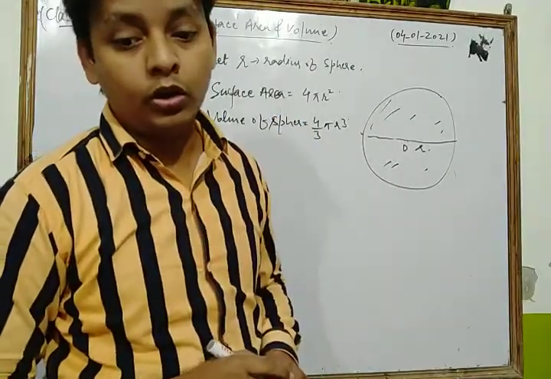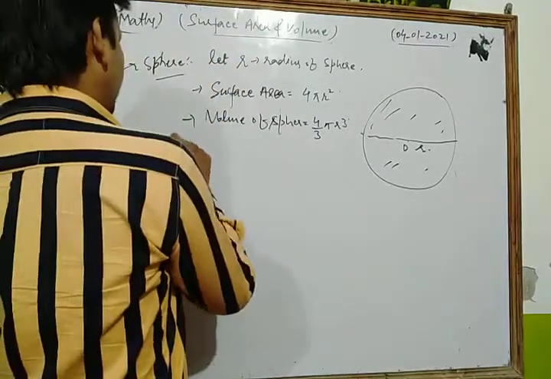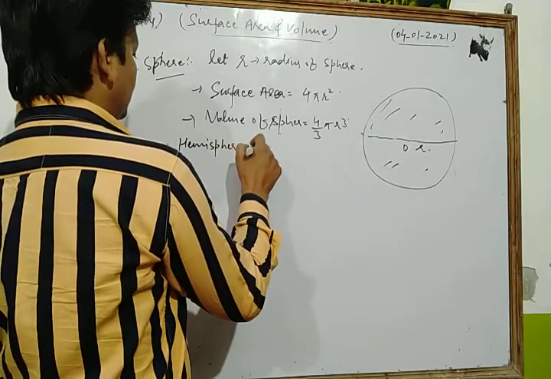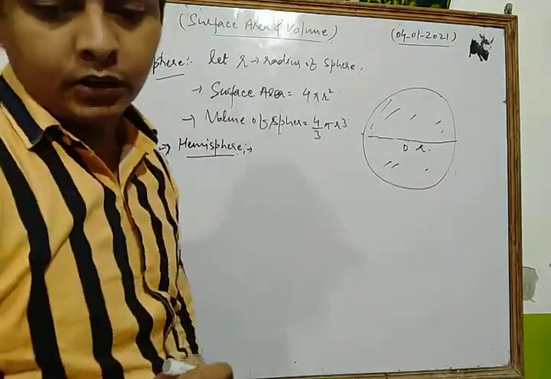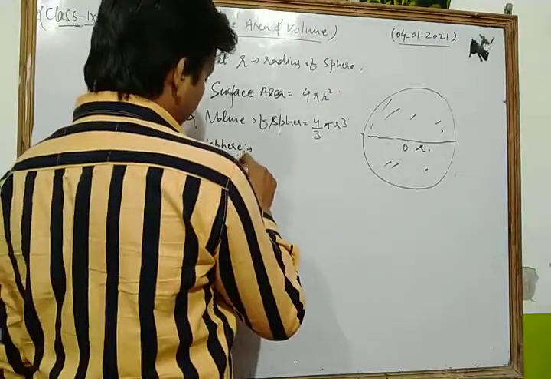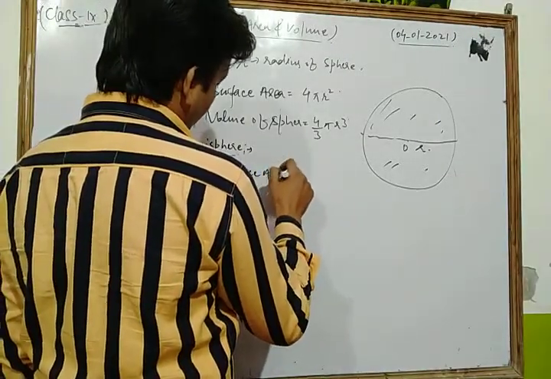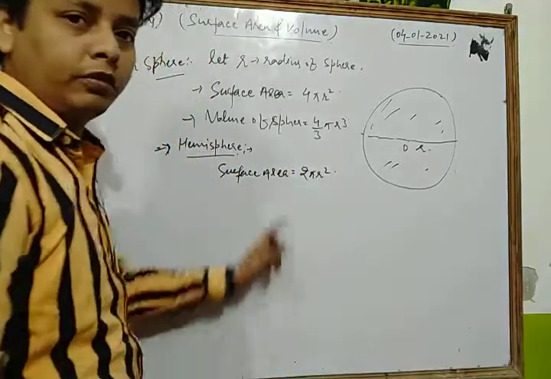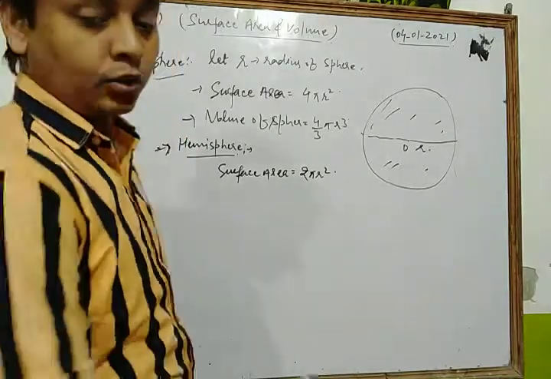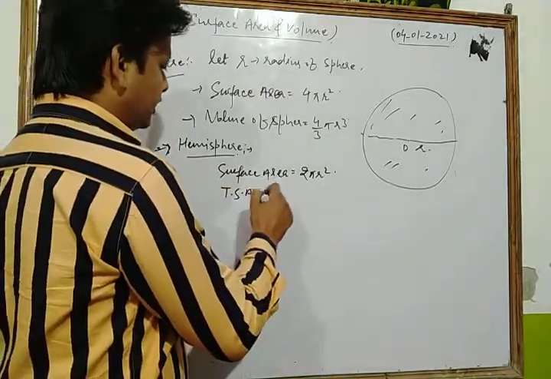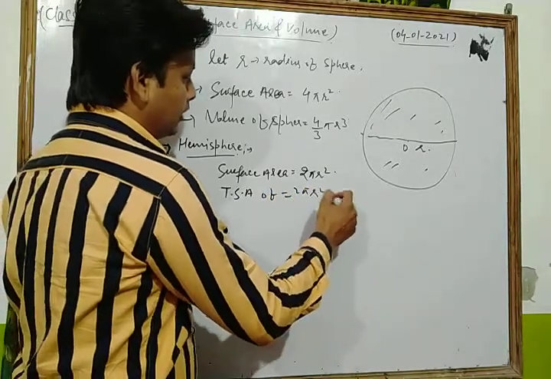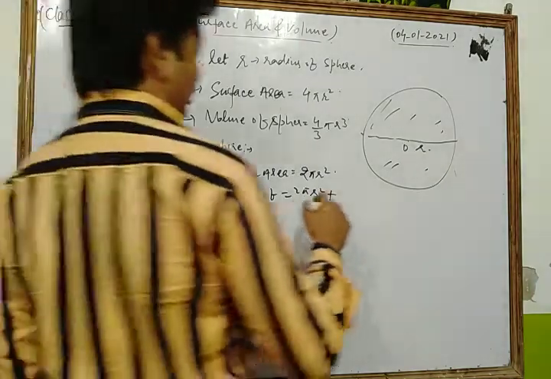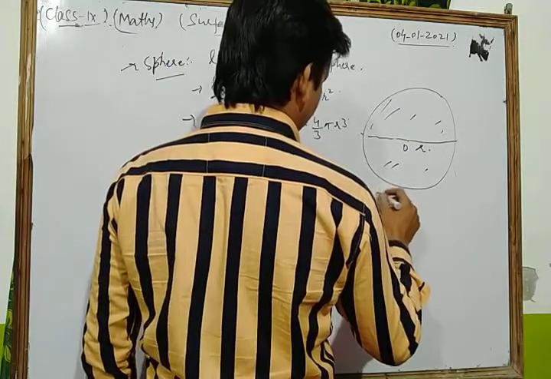Now, in the case of the hemisphere, dear students, the formula for its curved surface area is 2 pi r square. The total surface area of the hemisphere is 2 pi r square plus the area of the upper face, which is pi r square, so this is 3 pi r square.